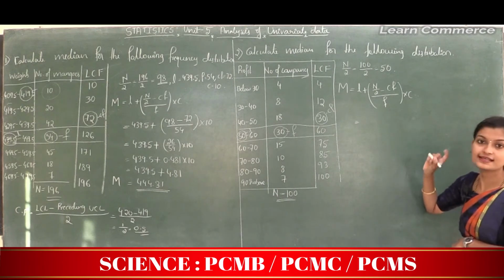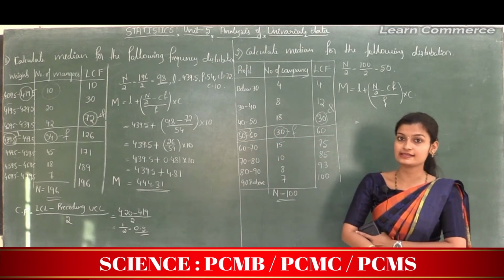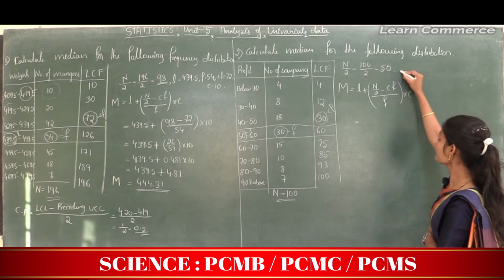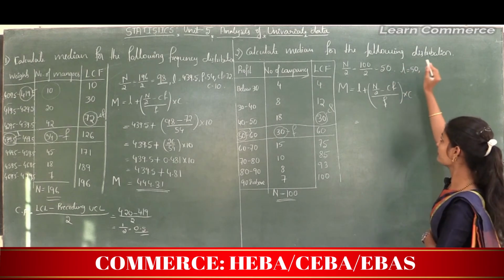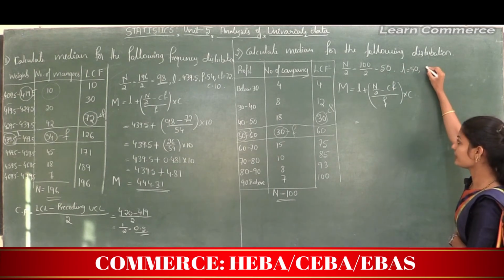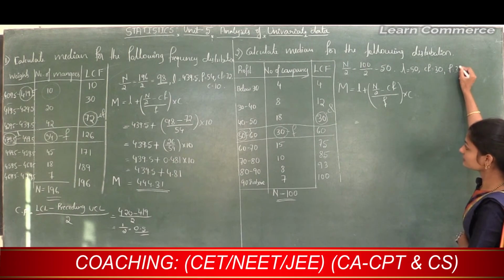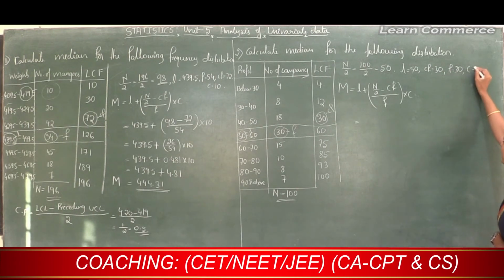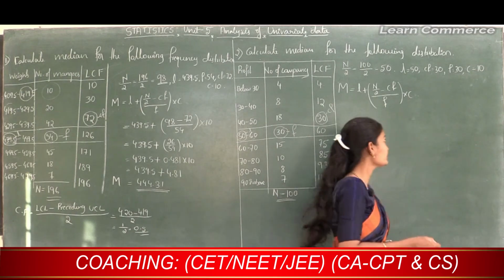Then what is C? C is upper class limit minus lower class limit. So here C is 10. So now we got L is 50, N by 2 is 50, then CF is 30, F is 30, then C is 10. Okay, now I will substitute all the values in this formula.